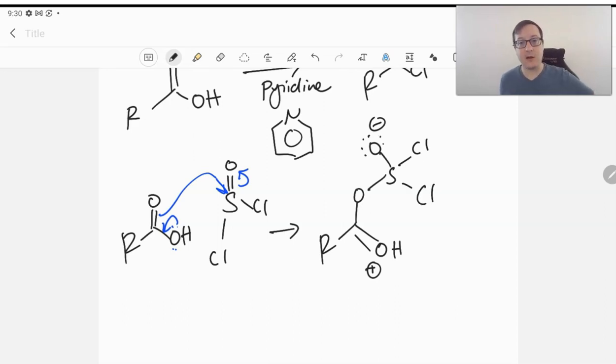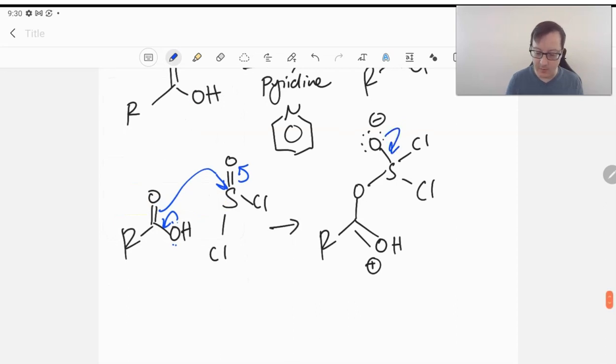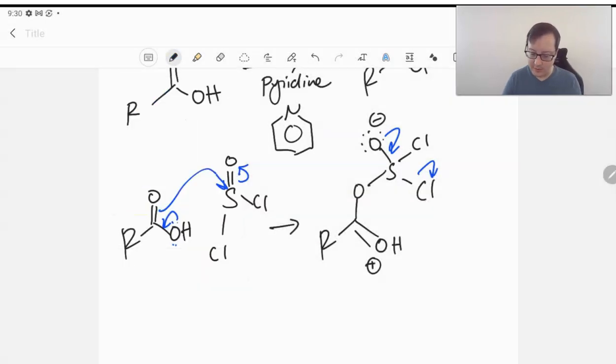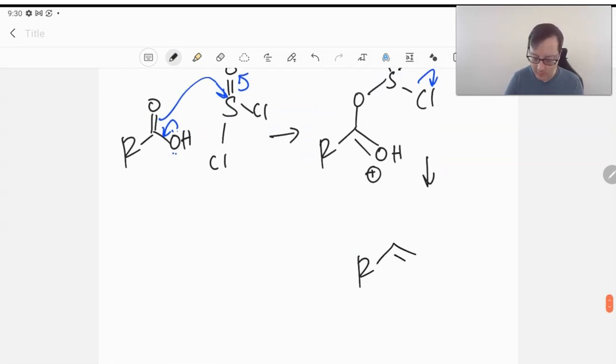So just like with our other carbonyl-based substitution reactions, we're going to have that oxygen come down and kick out one of the chlorines. In doing so, we now have our positively charged oxygen down here.